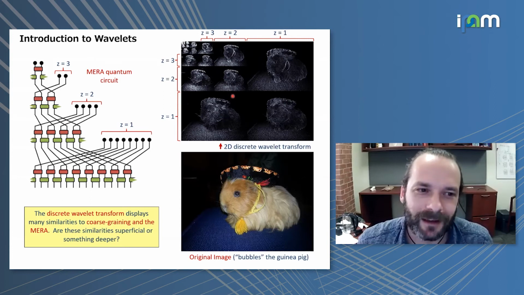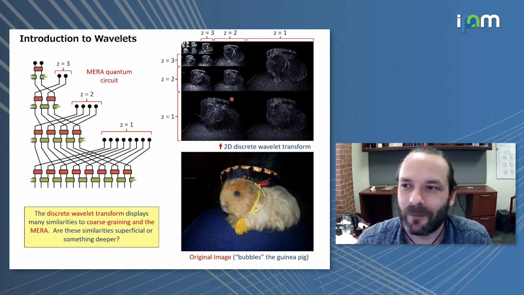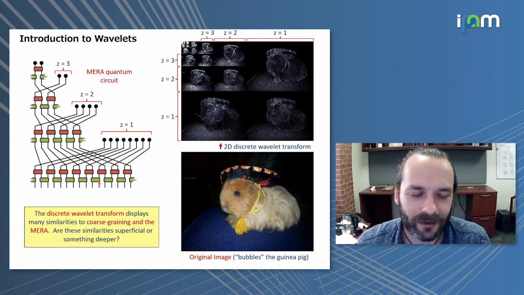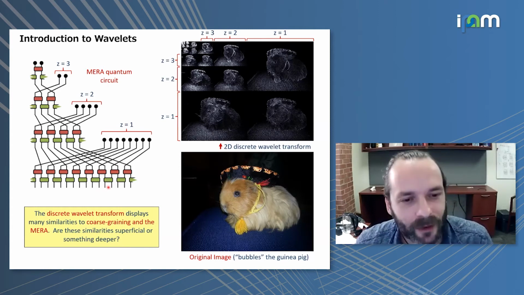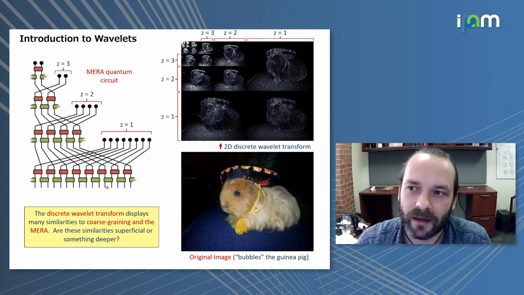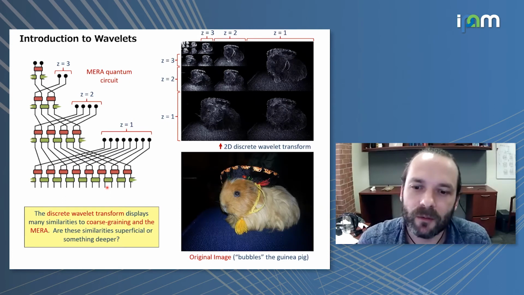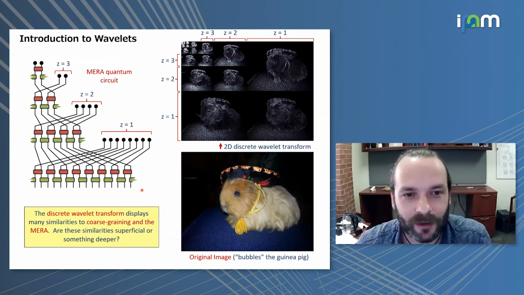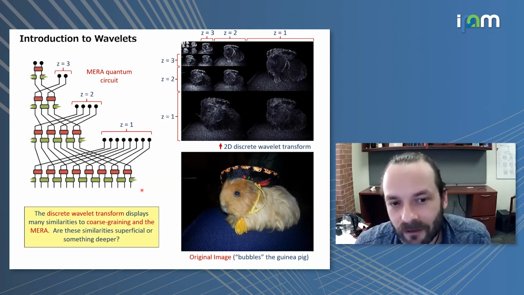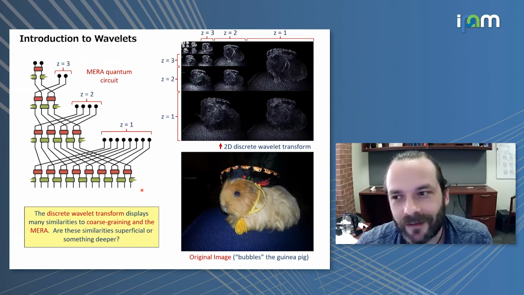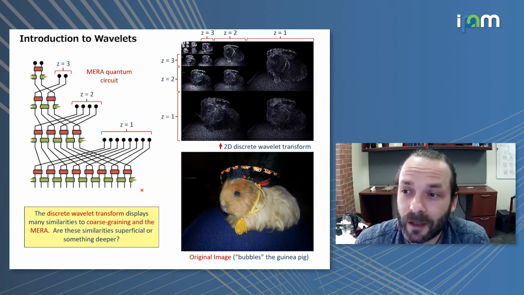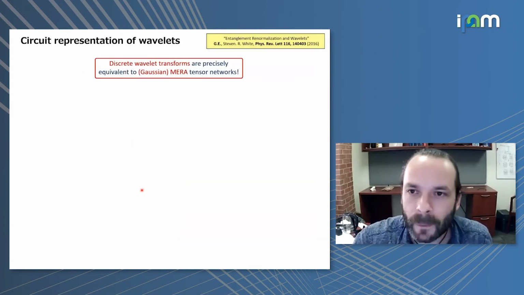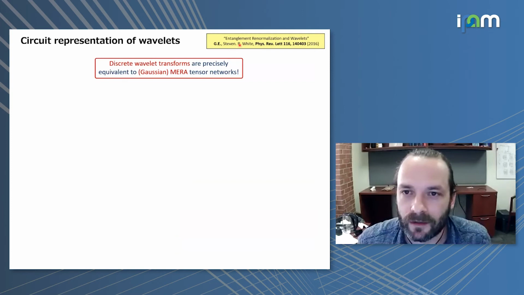You can see some very obvious similarities between this tensor network, which resolves the quantum state into its information at different scales, versus this discrete wavelet transformation. Okay, so they're clearly very similar, but the question is: is this a superficial similarity, or is there something deeper with this connection?